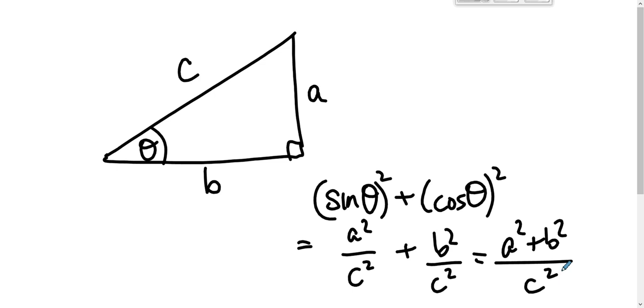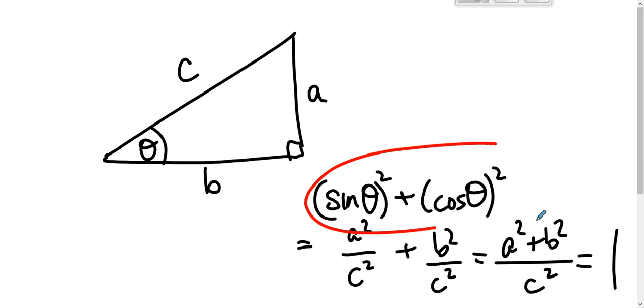But you and I both know from the Pythagorean theorem that a squared plus b squared is c squared. That's 1. And that's why in high school you learned and memorized sine squared theta plus cosine squared theta is 1. It all flows from things that depend on Euclid's parallel postulate.